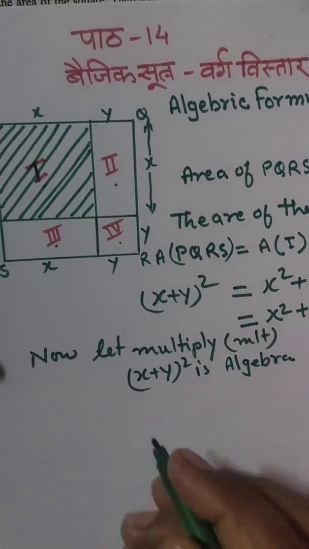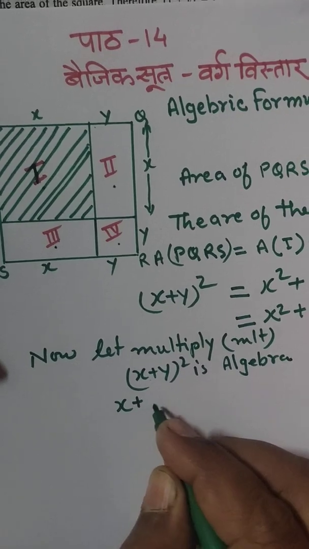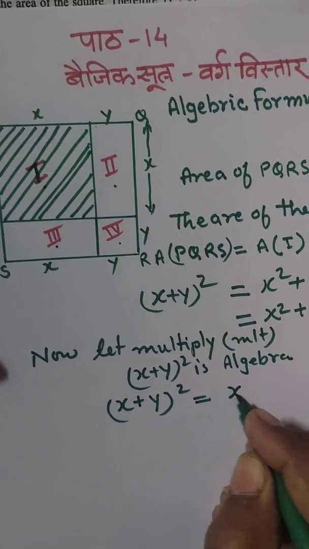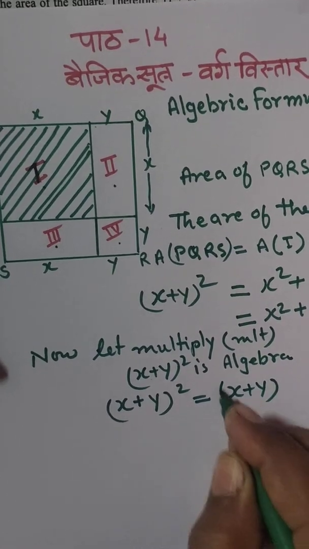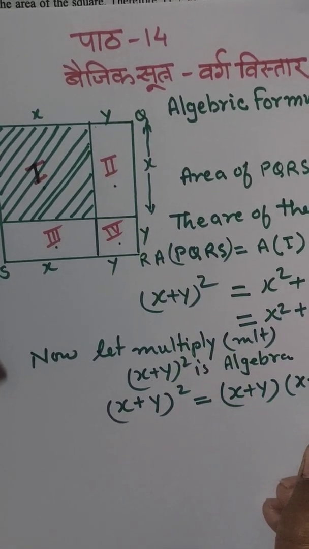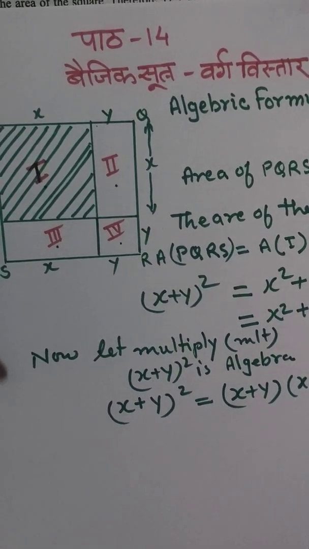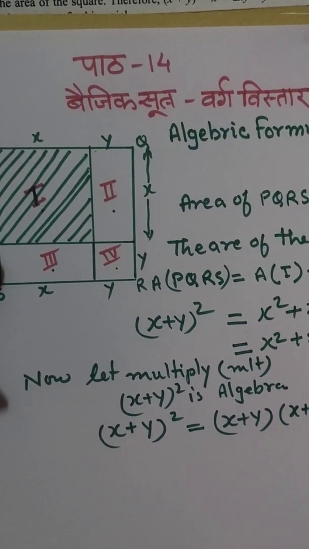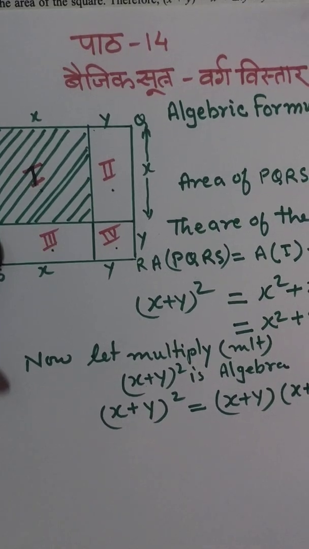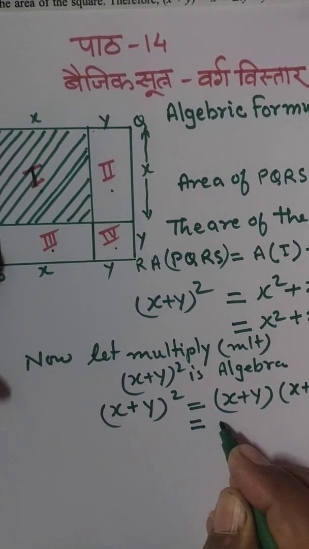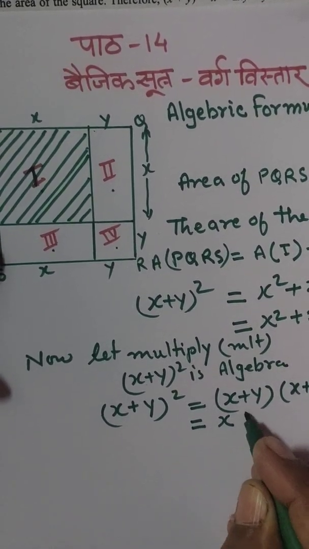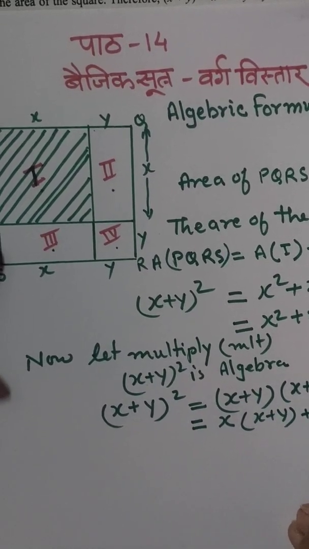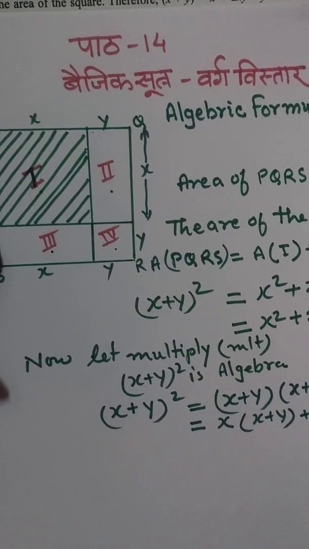Then (x plus y) whole square is equal to (x plus y) into (x plus y), which gives x into (x plus y) plus y into (x plus y).